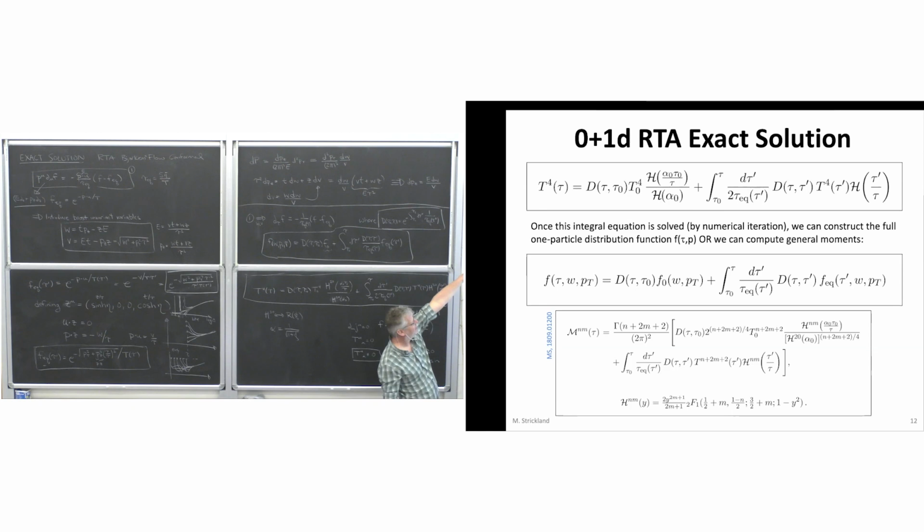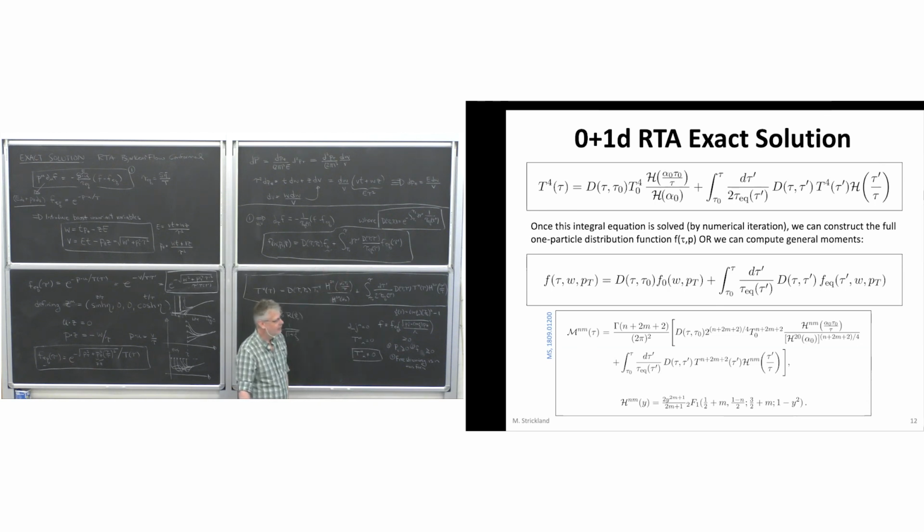So you solve the top one. With that, you know this. You take an arbitrary moment, you get this. There's some ugly looking spherical harmonic, hypergeometric functions flying around. But computers know how to do those these days. So now you can just calculate any moment of the distribution function once you solve the top one.